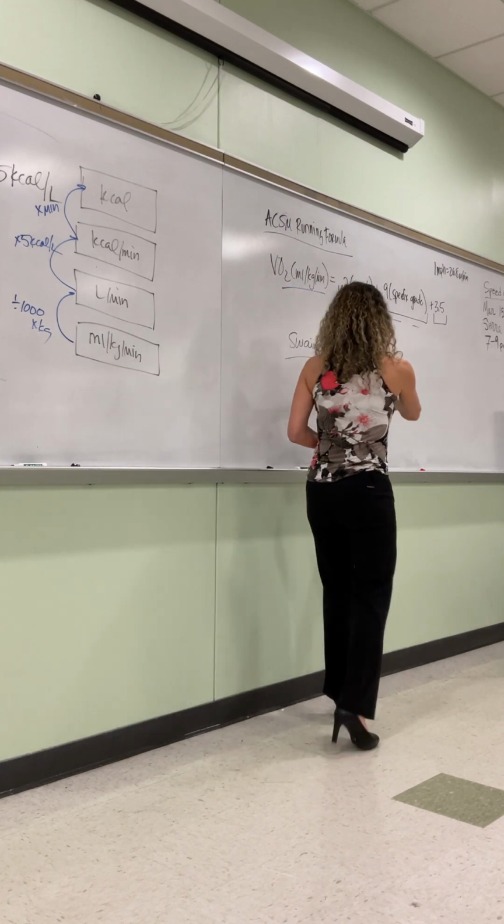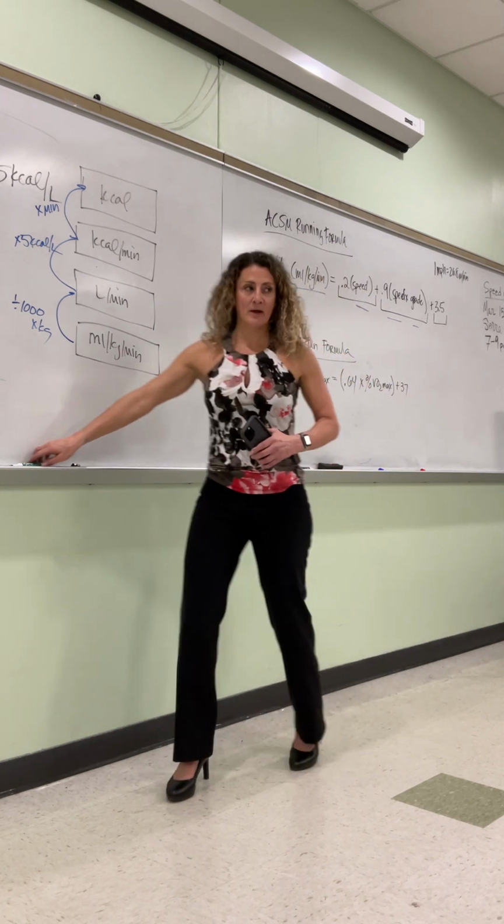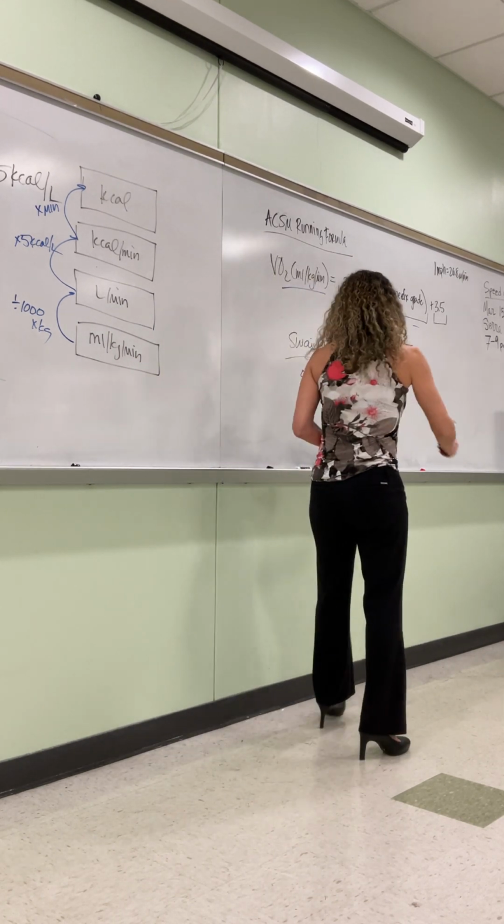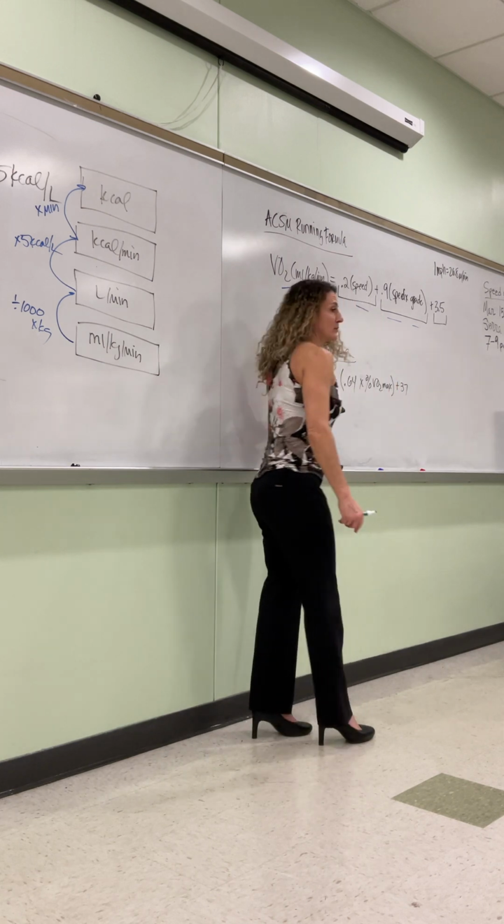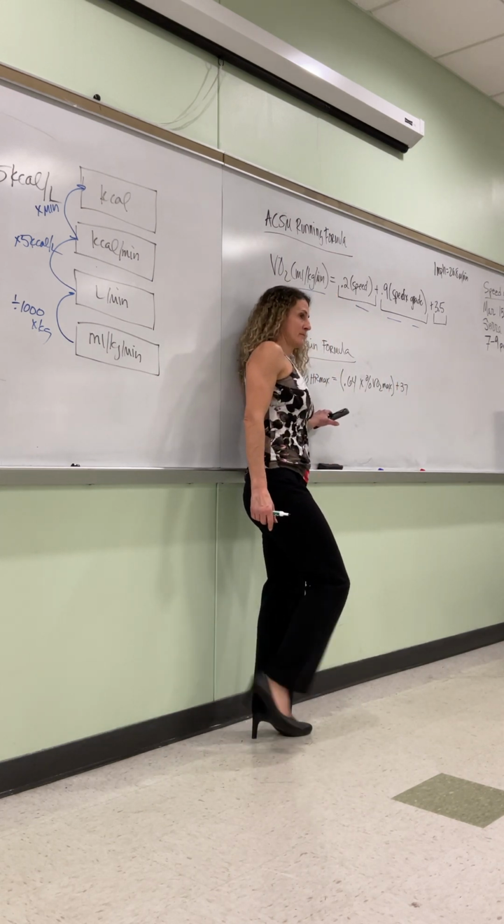If you know what percent VO2 max you want them at, you plug that in there and figure out what percent of their heart rate max you want them at.